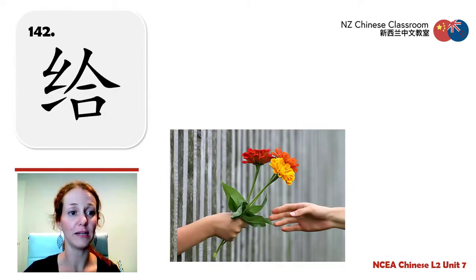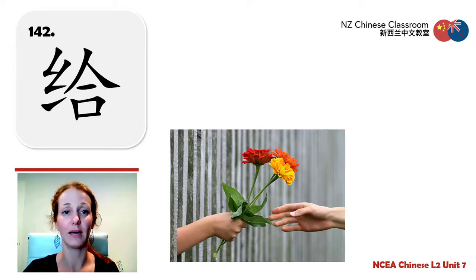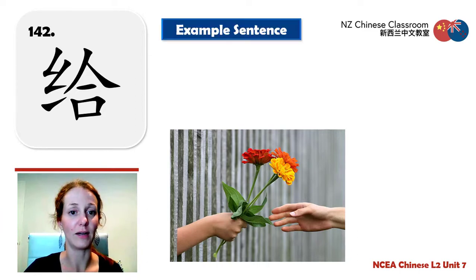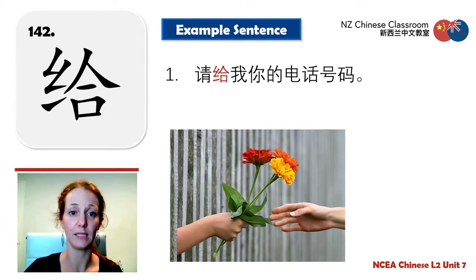给. So on the left-hand side we have the silk radical, and 给 means to give. So maybe you can think of silk as something beautiful and expensive that you could give as an amazing gift to someone. Alright, here's a couple of examples with two different ways you can use 给. 第一个, 请给我你的电话号码.